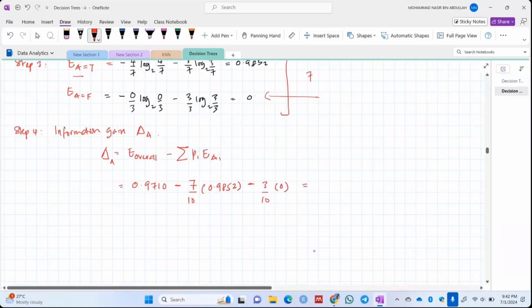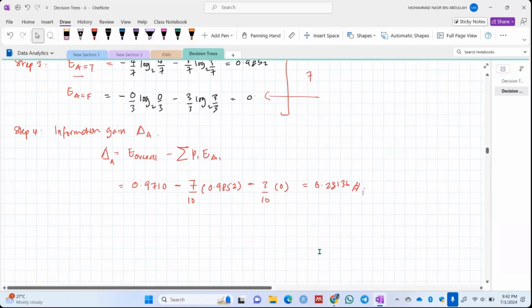So this one should be equal to 0.28136. This is how we find information gain for variable A.